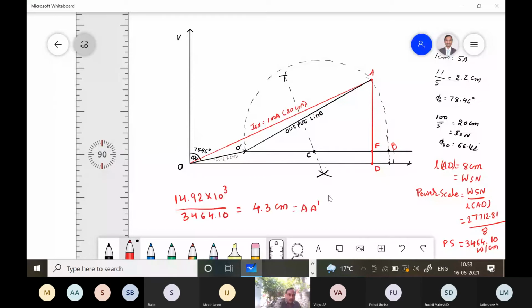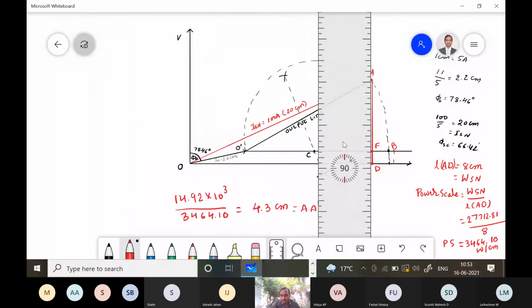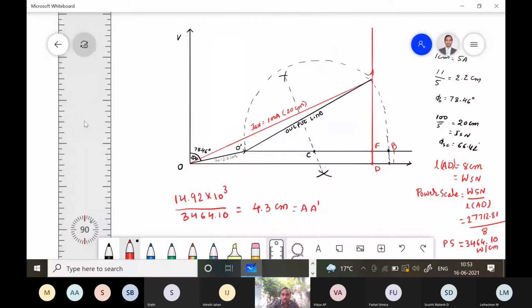So we need to draw A dash, that is extra 4.3 centimeter from A. So this is A, this is A dash, this is 4.3 centimeter.